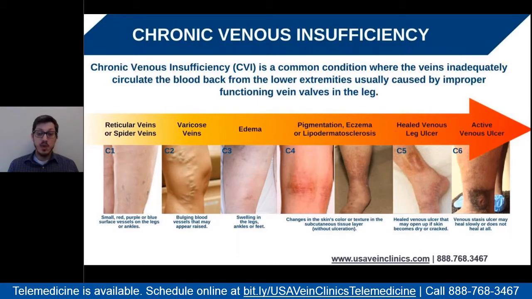When we get into C3, the blood has now left the vein and it's affecting the surrounding tissues, and that causes edema or swelling. C4 are skin changes. The skin can be red or dark. And then C5 and 6 is the worst, most feared complication of superficial venous insufficiency, and that is when the skin breaks down.